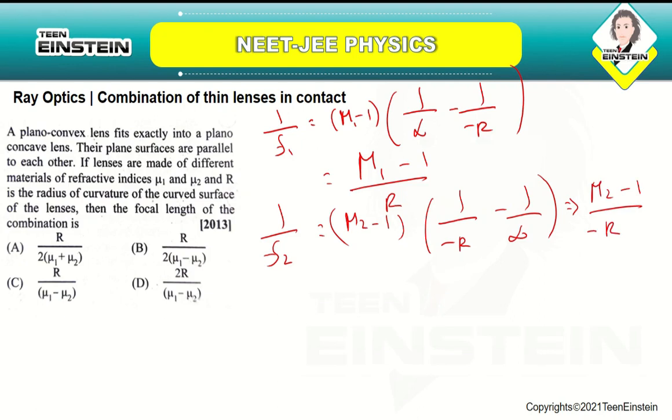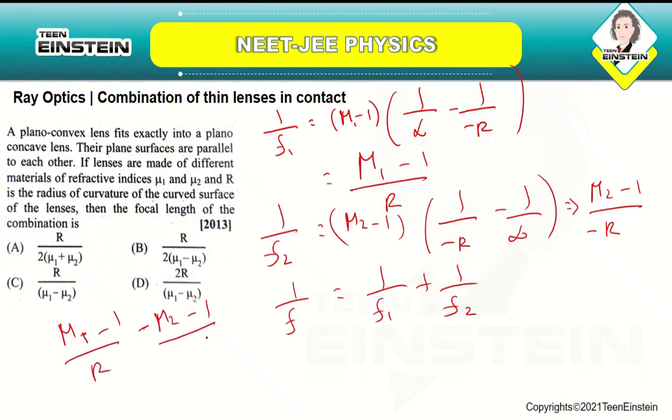Okay, so now the focal length of the combination will be 1 by f equal to 1 by f1 plus 1 by f2. So here, mu 1 minus 1 by r minus mu 2 minus 1 by r.